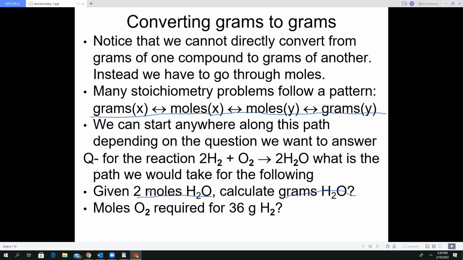This one's a little different from the other one. Which one is it?